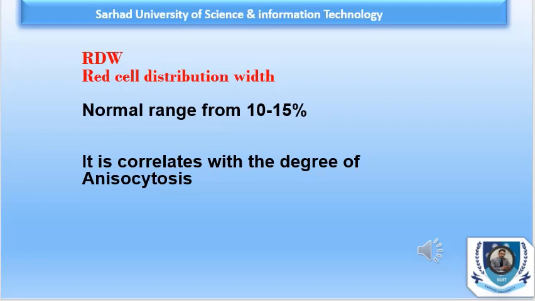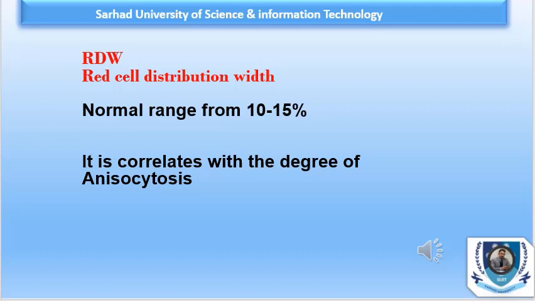Similarly, if on average your red blood cells are large but you also have a lot of very large cells, your RDW will still be elevated. For this reason, RDW is not used as an isolated parameter when interpreting a complete blood count. That's why at the start I said that it's a supporting parameter. It provides shades of meaning in the context of the hemoglobin and mean corpuscular volume.